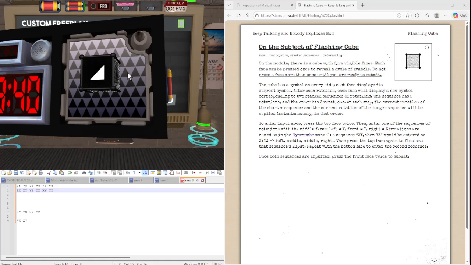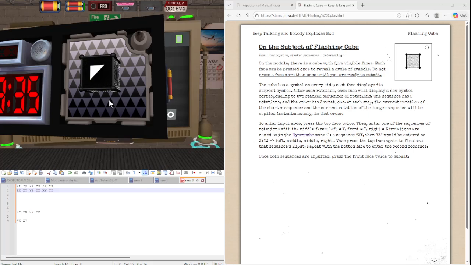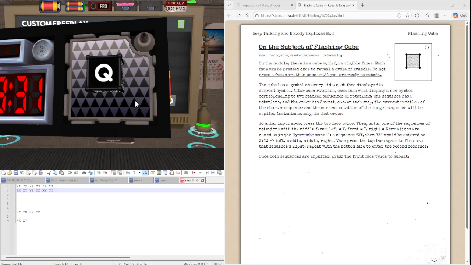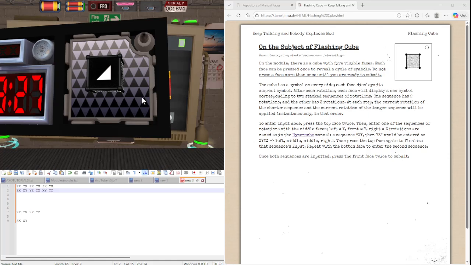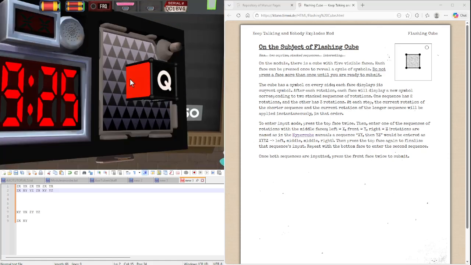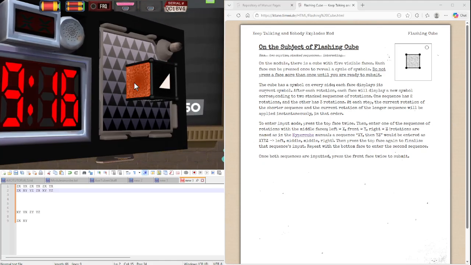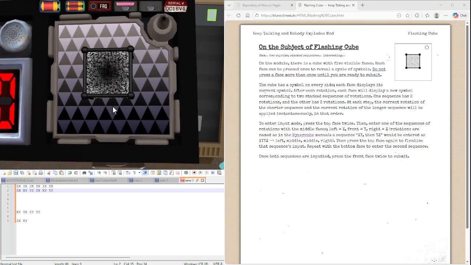So rotate clockwise, then XY. Move to this one. Yeah. Yes, I think so.